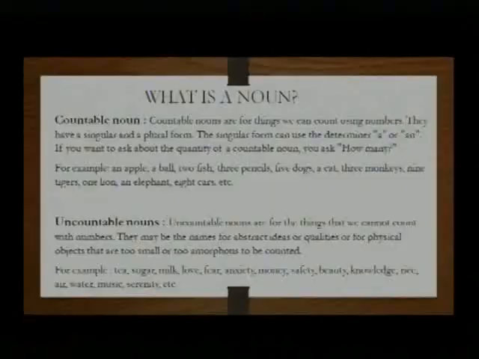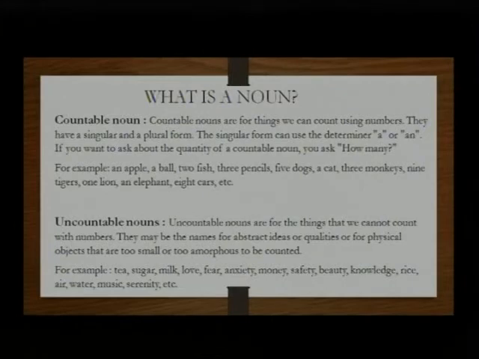So what is a countable noun? Let us see the slide here once again. Countable nouns are for things we can count using numbers. They have a singular and a plural form. The singular form can use the determiner a or an.